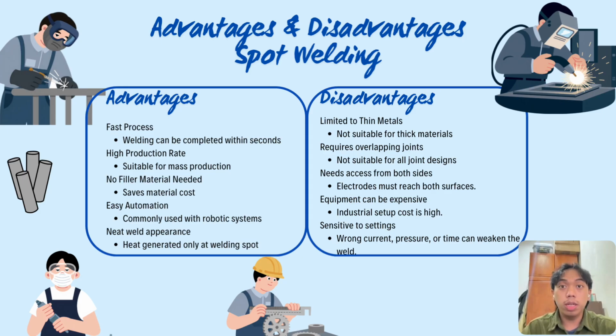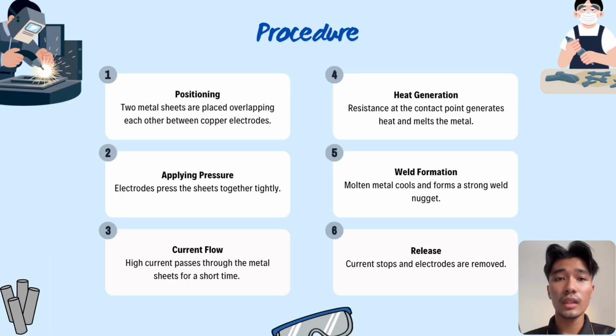And so in conclusion, spot welding is a useful technique for joining thin overlapping metals. It is fast, clean and good for mass production, but it also has its limitations in material thickness, joint design and equipment cost.